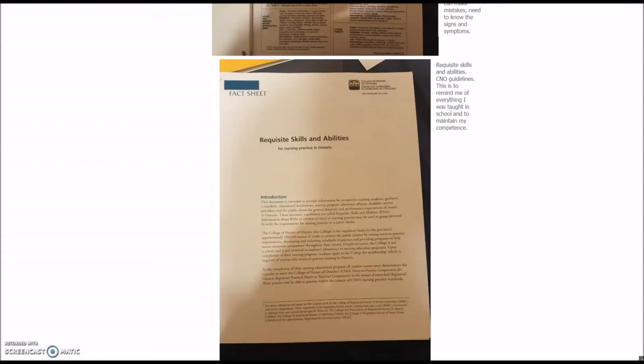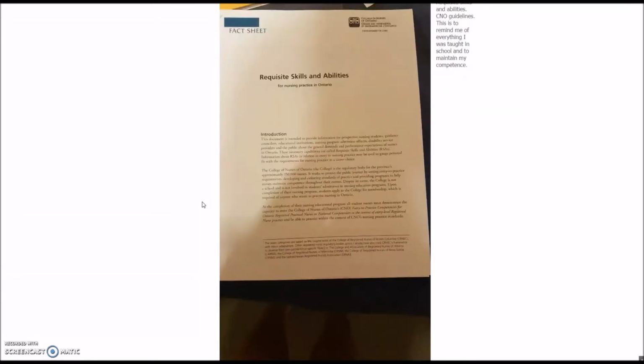I think reading through this requisite skills and abilities will remind me of everything that's been taught, as well as going through notes from previous semesters. It's just brief, and I think it'll be useful to go through and make sure that I maintain my competence in the things that I have been taught.